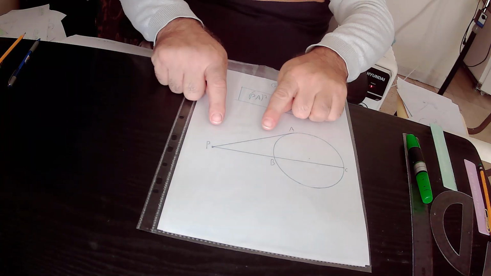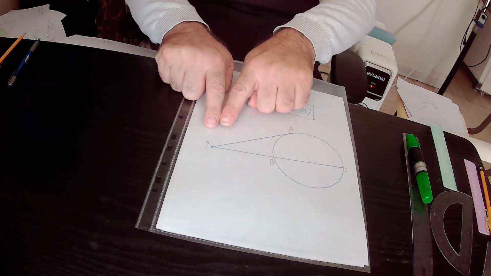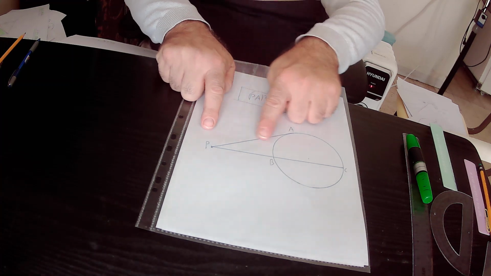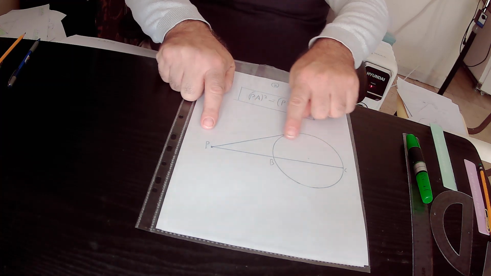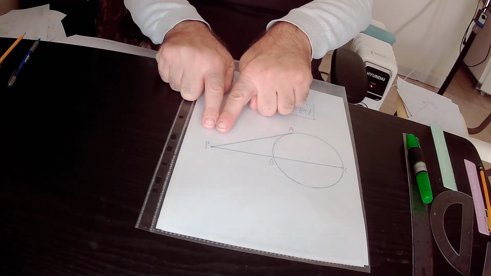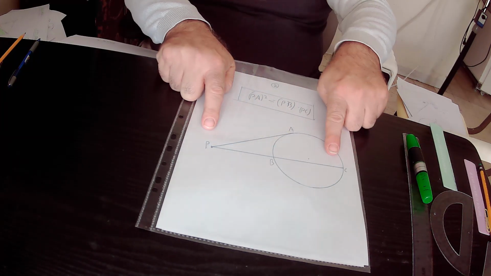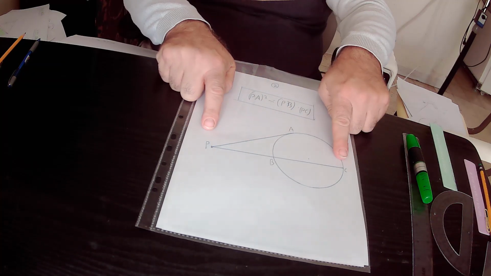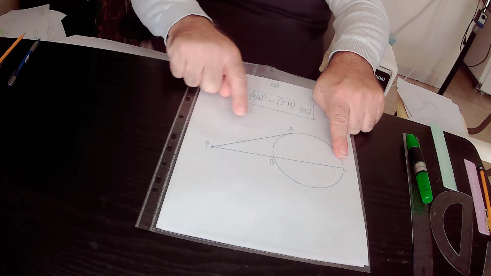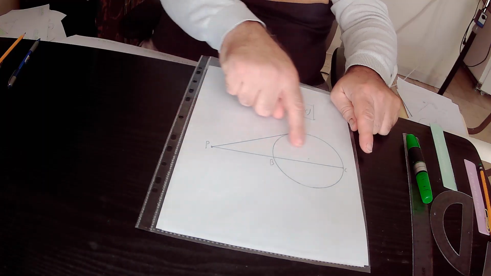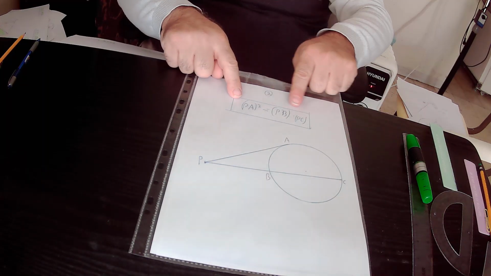The external part of this secant is PB, and the length of the secant in total is PC. So it is PB times PC. Or AP squared equals PB times PC.